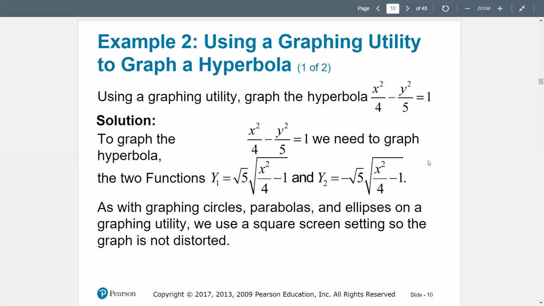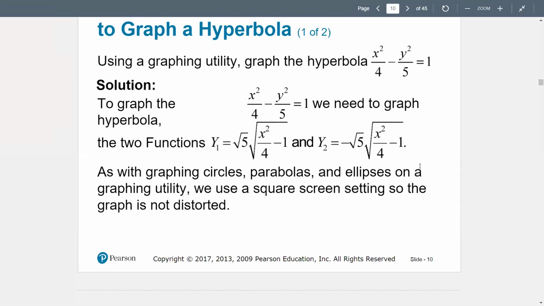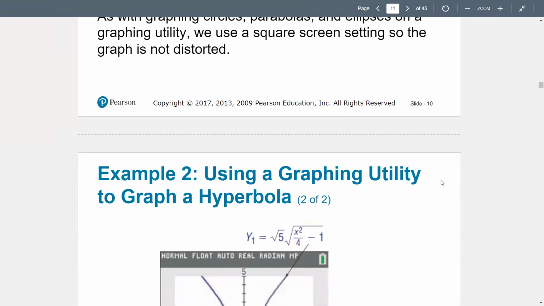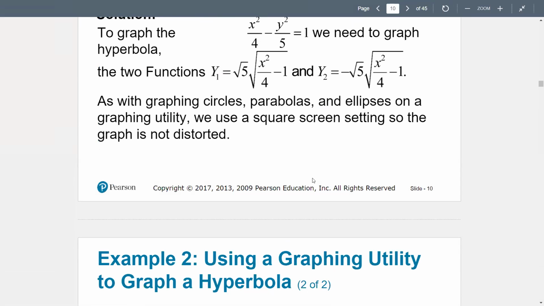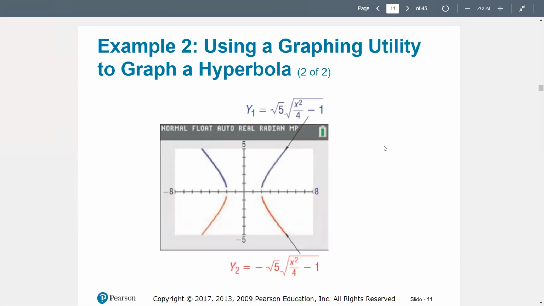Right, because we not only have one square root this time, but we actually have 2 square roots in our function. So luckily we can keep them kind of the same signs if we put the signs out front. So yes, we very much need to do that. And again, we're going to use the square zoom, or else you will get a distorted graph.